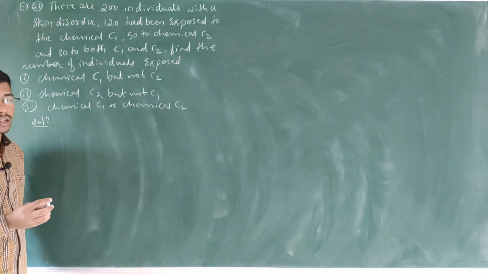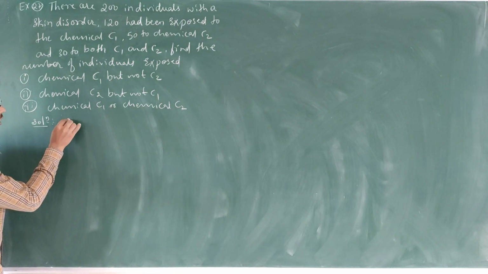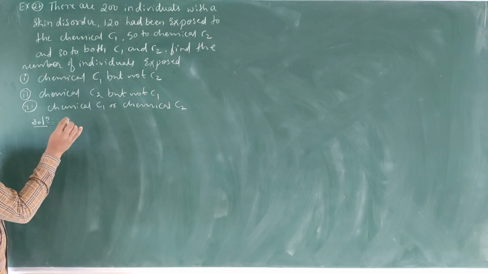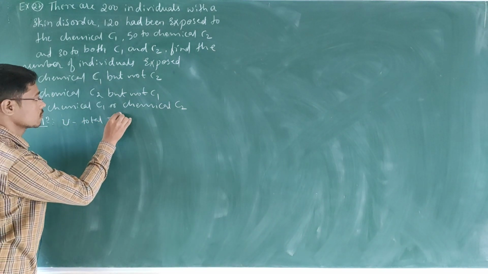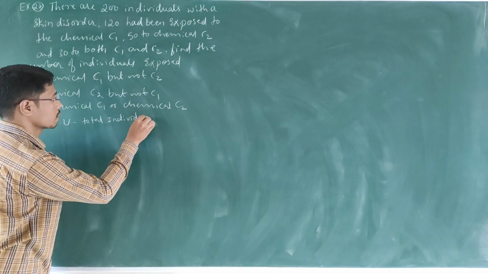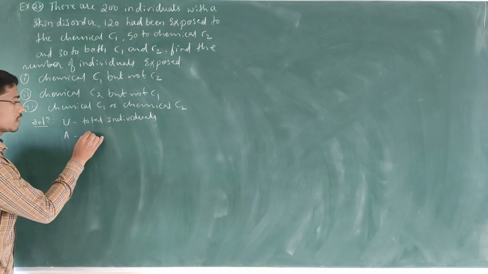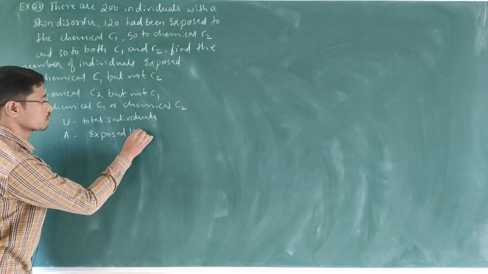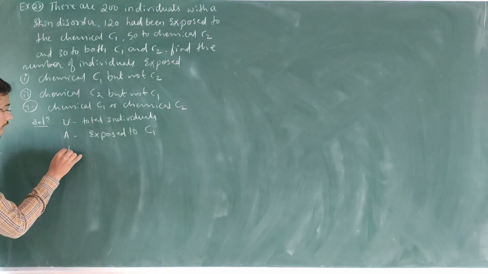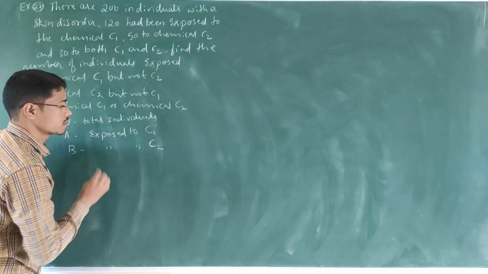Total number of individuals is the universal set U. I will consider A as exposed to chemical C1 and B as exposed to C2.